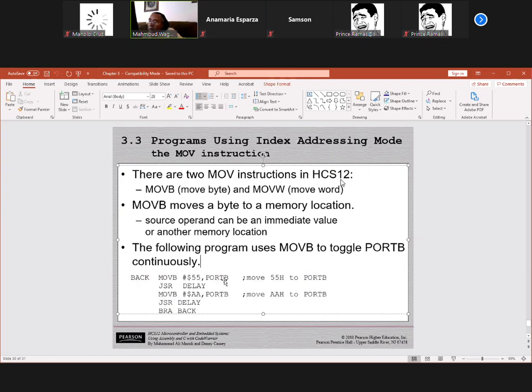So the best way to do that is to execute that instruction, then go to delay. The delay here guarantees that this port stays in this situation for a while. You need to keep the bits that are on as on for a while.